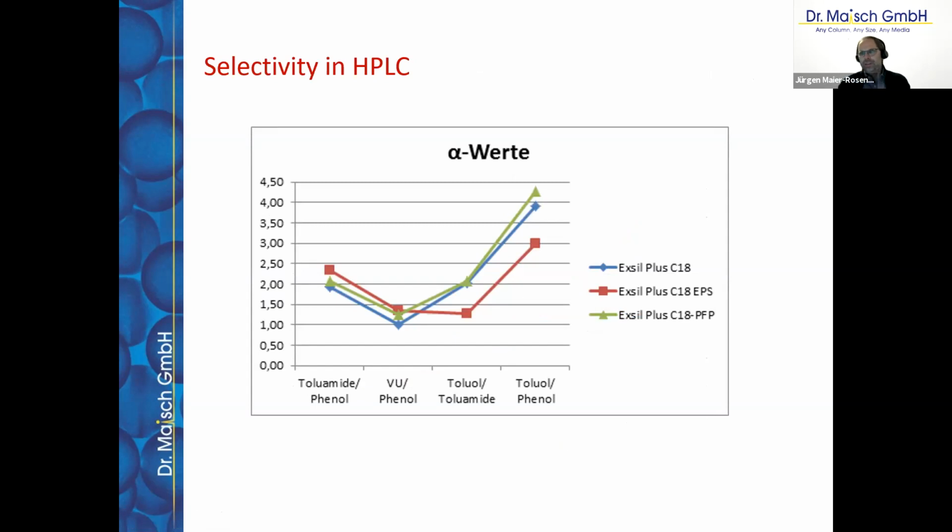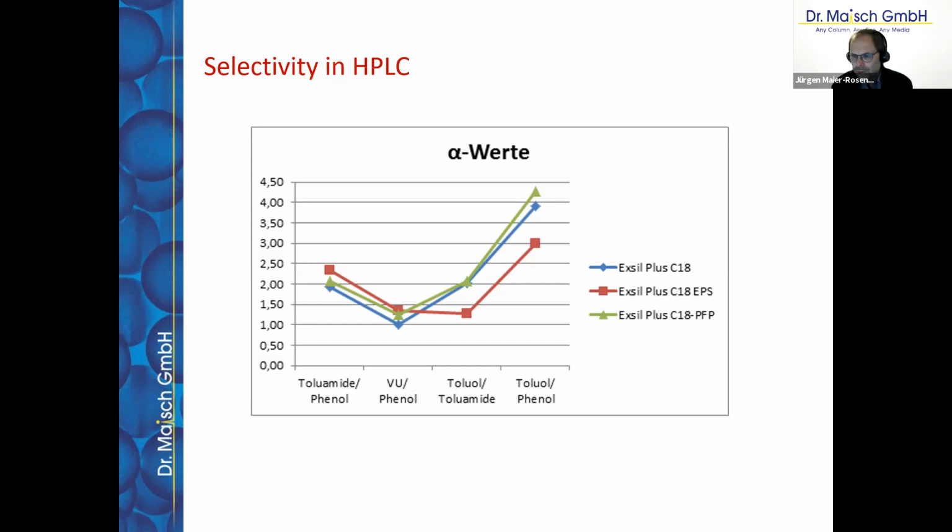To see what would be the best choice of a column for a method development, I have prepared this graph. Typically a lot of chromatographic users start with a standard C18 phase because that's the most used column, and pretty often this standard C18 phase leads to success.